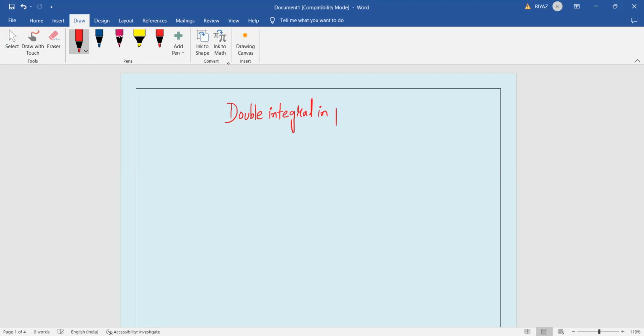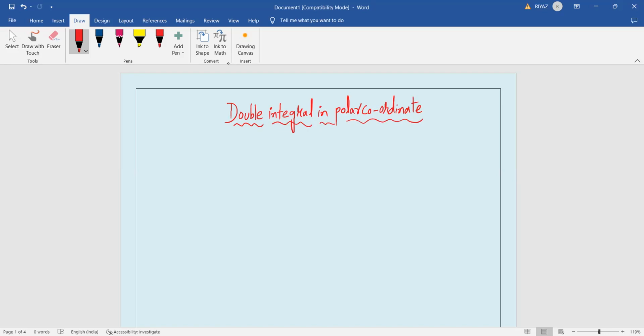Now, what are polar coordinates? I will tell you the relation between Cartesian coordinates and polar coordinates, what the difference is, and how we are going to evaluate double integrals.